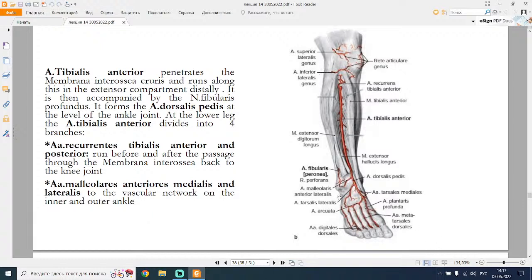Arteria malleolaris anterior medialis and lateralis supply the vascular network on the inner and outer ankle.